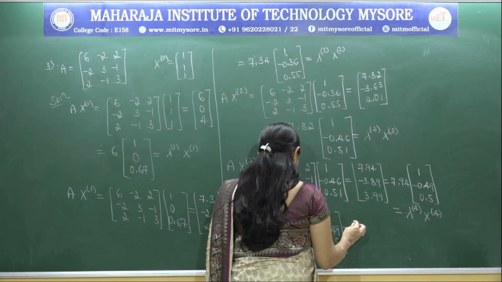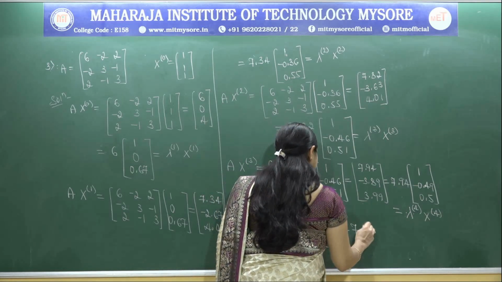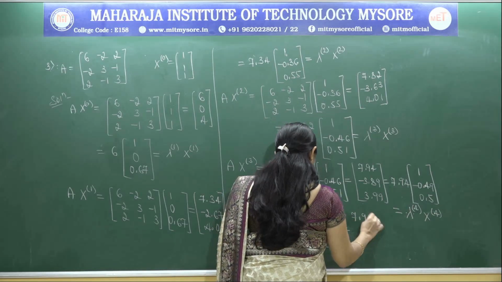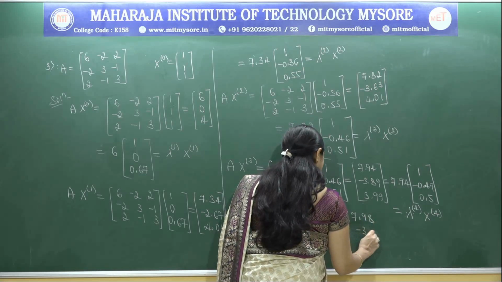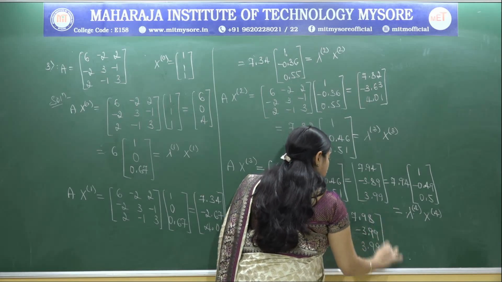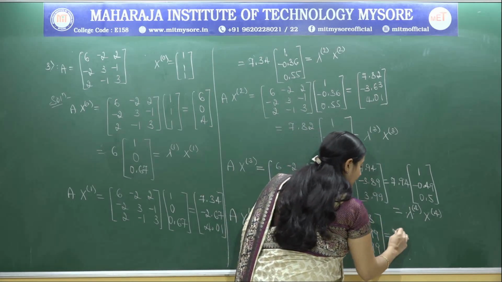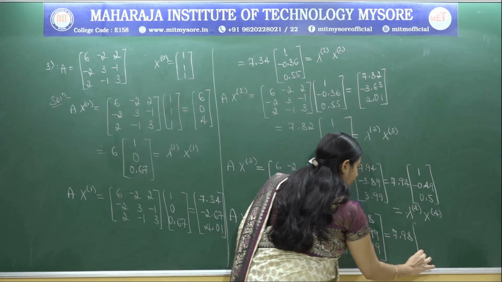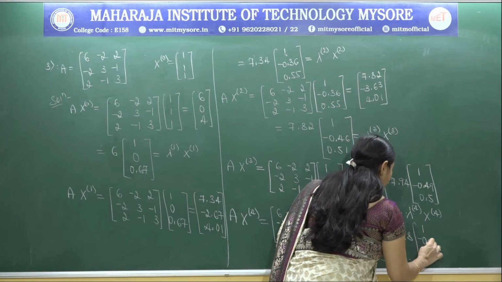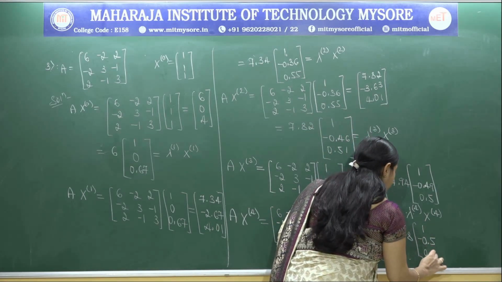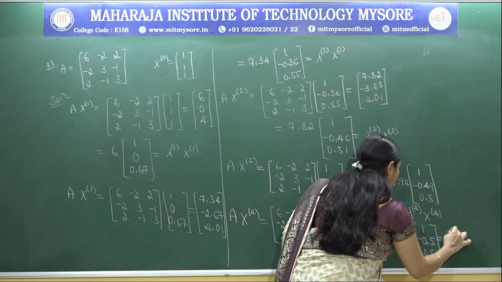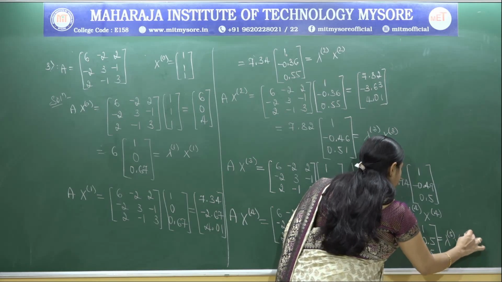You take the matrix multiplication, you will get 7.98, minus 3.99 and 3.99. In this, 7.98 is the largest entry. You take that as a common term. The first term you will get 1, second term is minus 0.5, third one is plus 0.5. It is denoted by lambda of 5 with x of 5.